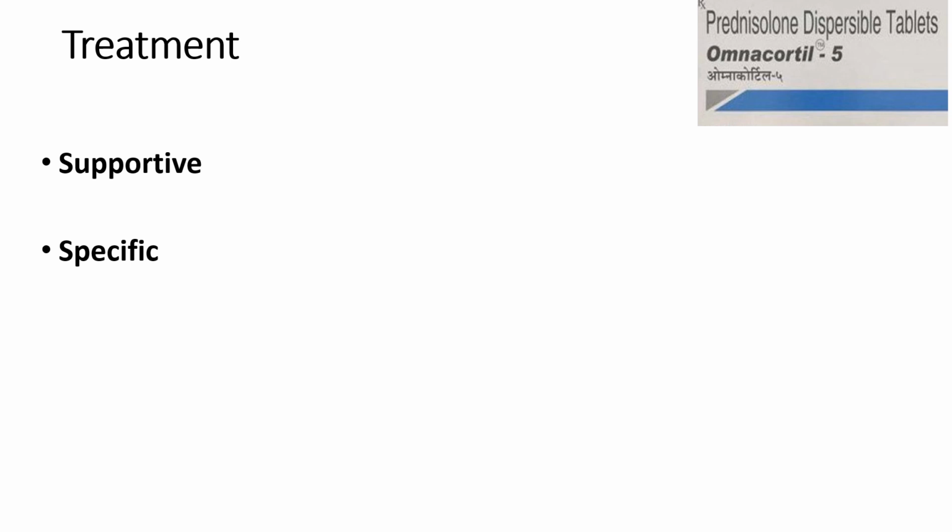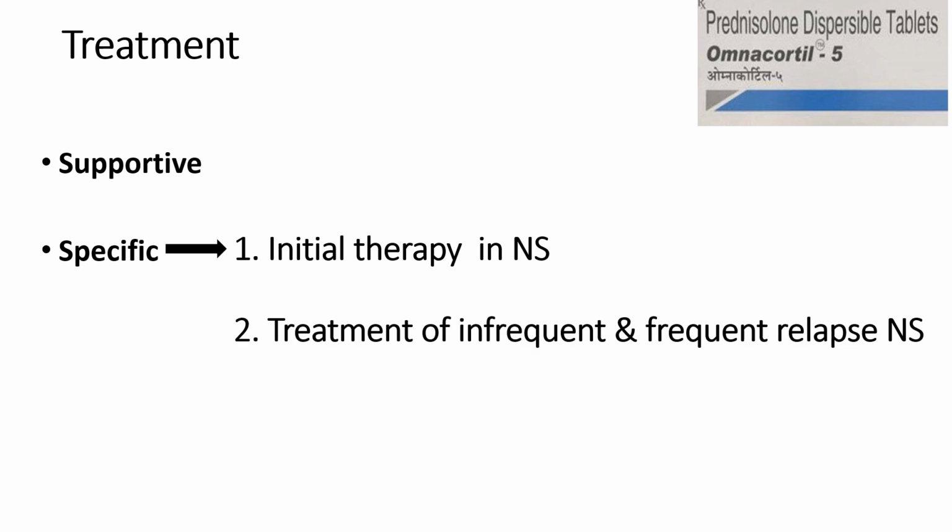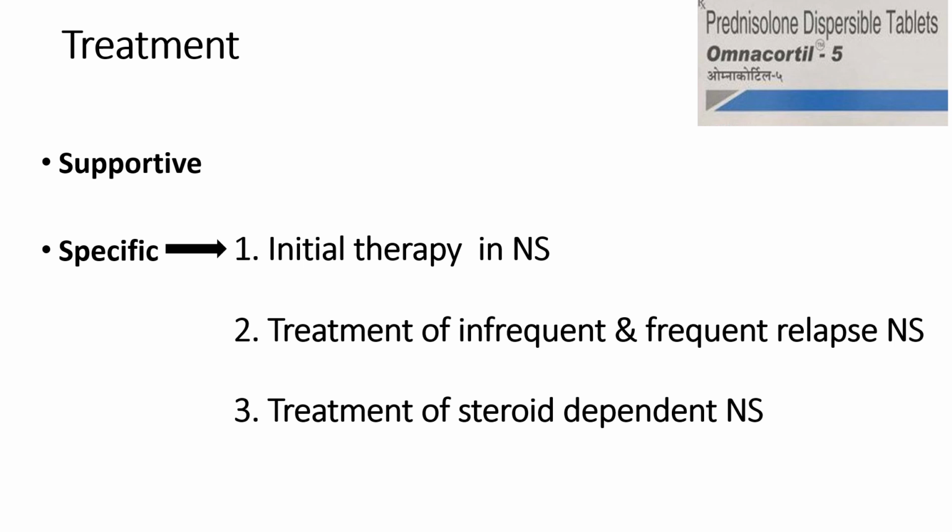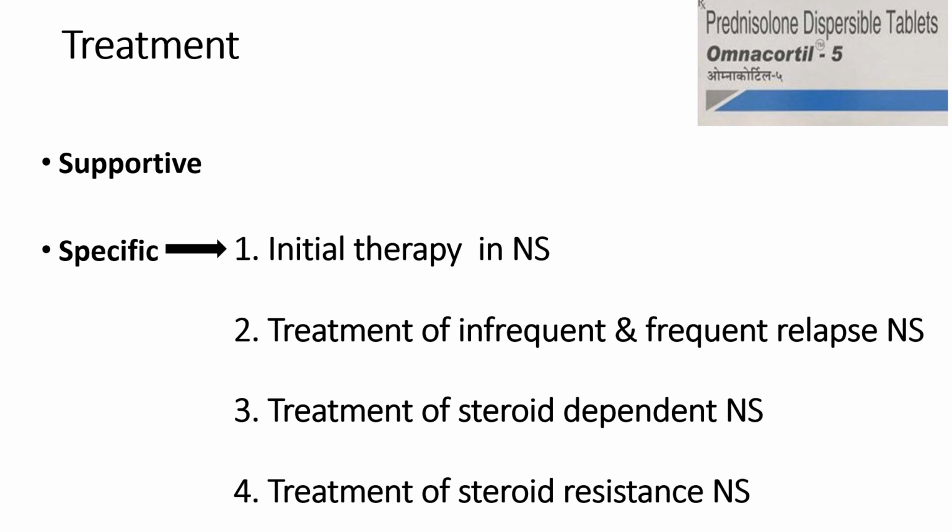In the specific treatment for nephrotic syndrome, I will tell you the details of initial therapy, which we have to start in each and every case when first diagnosed, and then treatment of infrequent and frequent relapse nephrotic syndrome. Then how to treat steroid dependent nephrotic syndrome, and steroid resistant nephrotic syndrome.